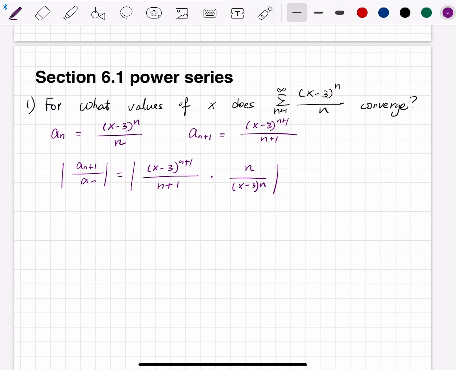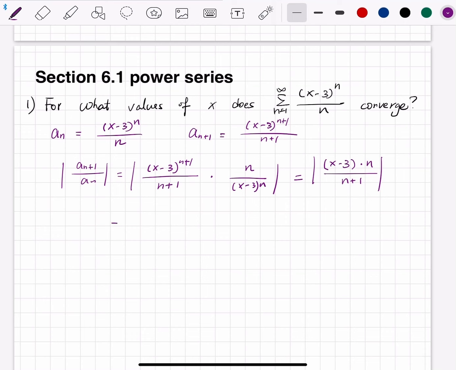And we can simplify them to get x minus 3 times n over n plus 1.